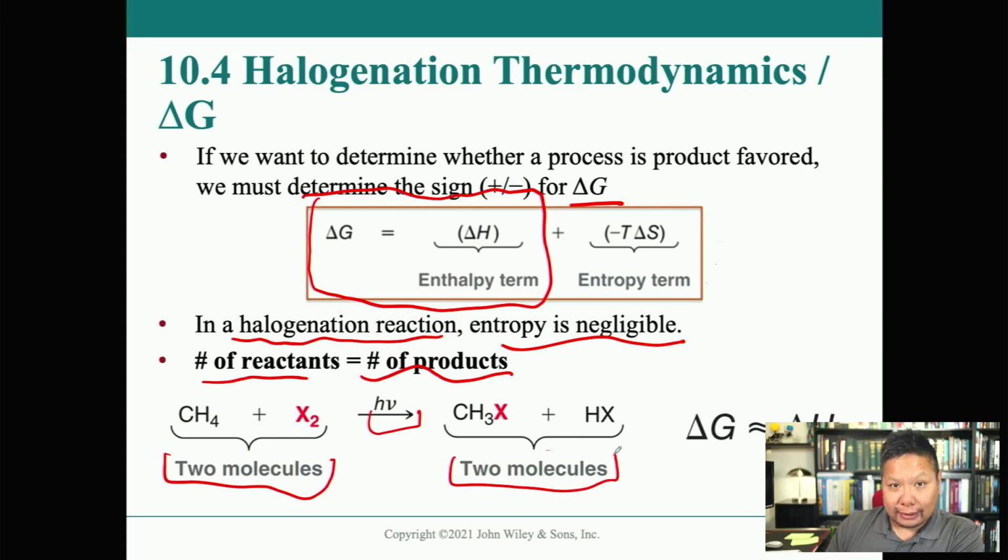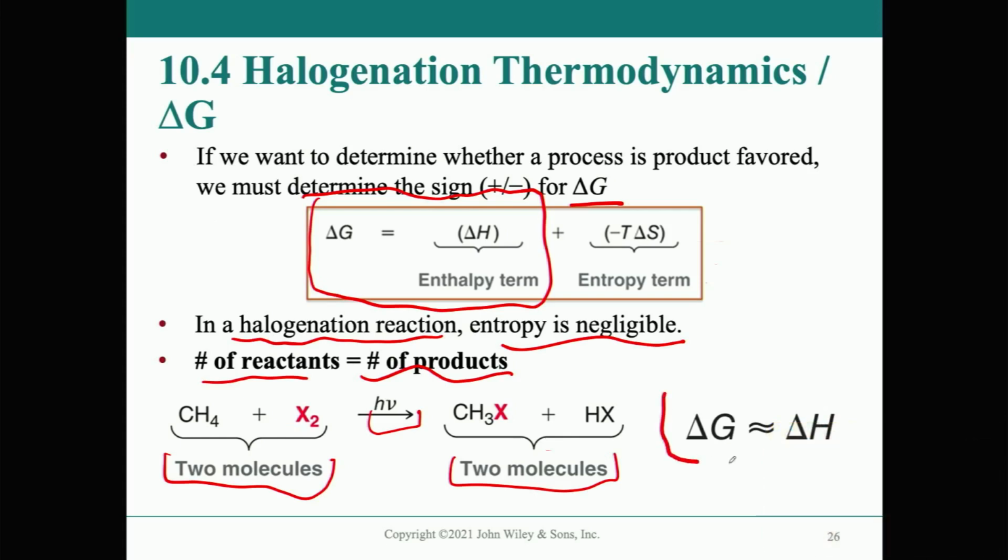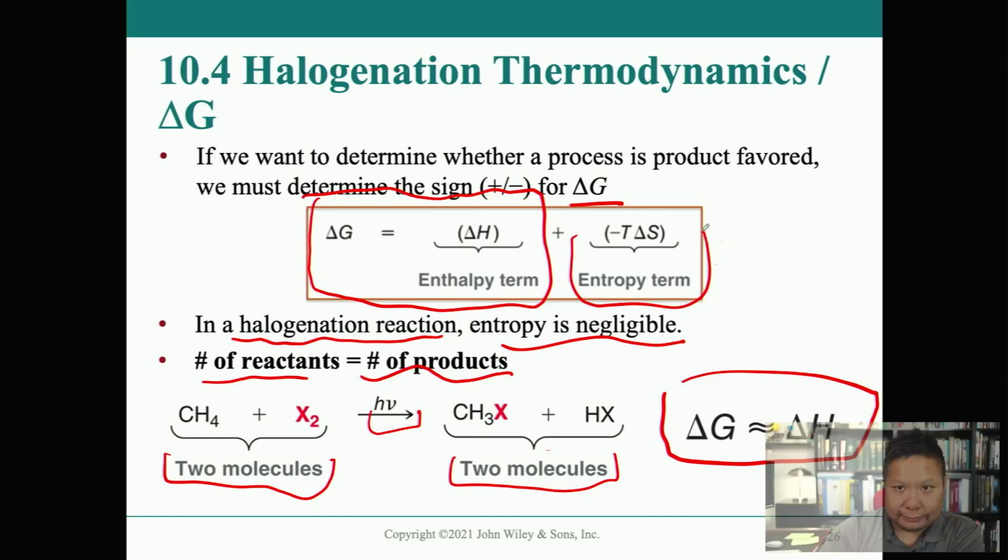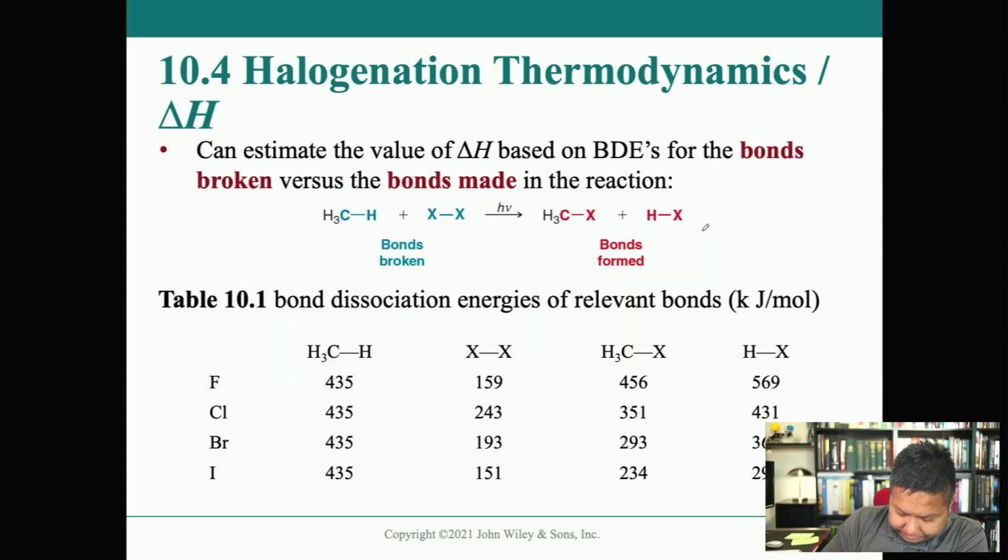And so what we know then is that delta G is approximately delta H. And we say approximately delta H because the entropy term is negligible, and that's why we don't need to worry about it in halogenation reactions. I'm not going to ask too much about that, so that's just a fact to know, especially when we're talking about this here.